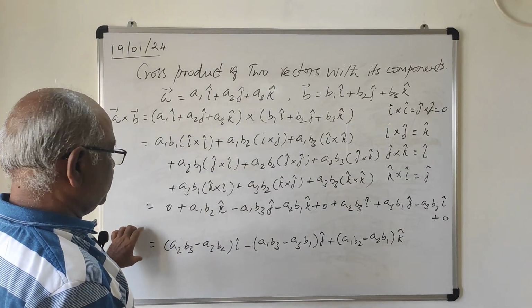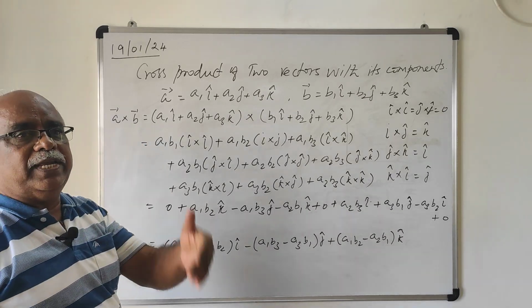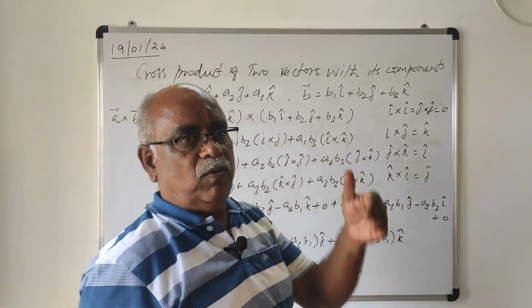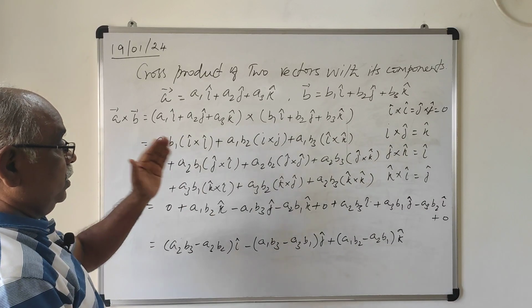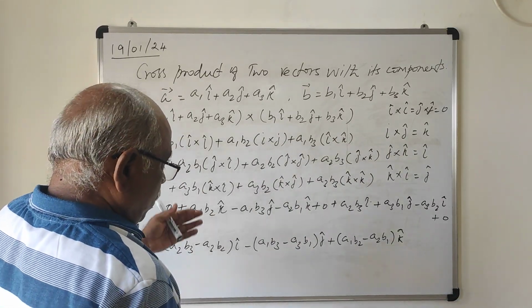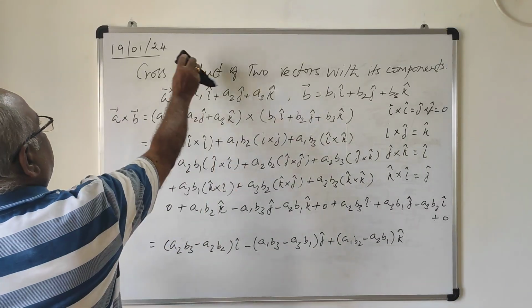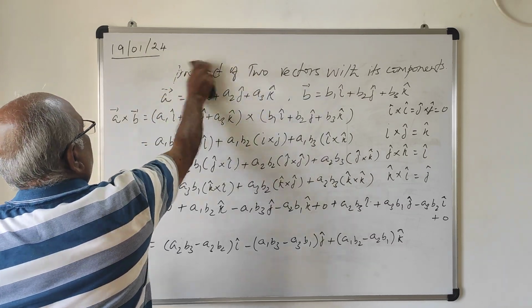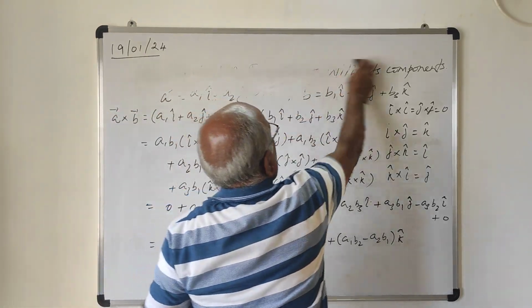This expansion is nothing but the determinant value of I, J, K, with the first row A1, A2, A3 and second row B1, B2, B3. So this is the cross product of two vectors in terms of its components.